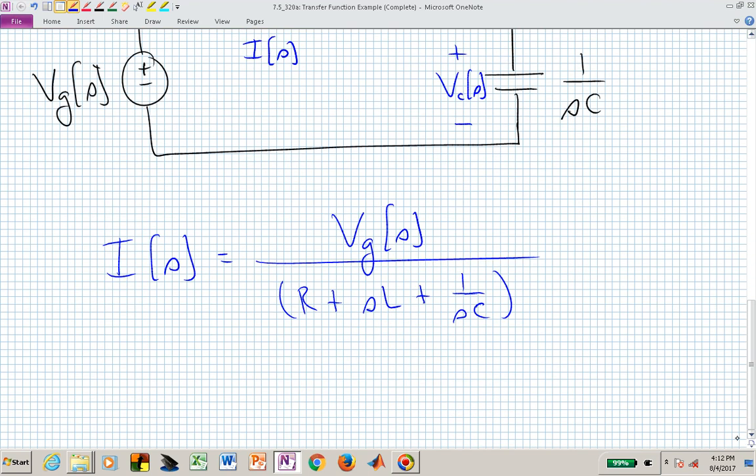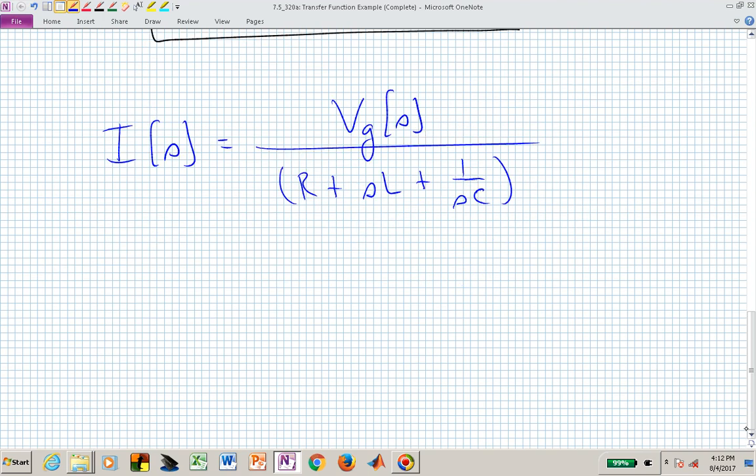That's the relationship between the applied voltage, V sub G of S, and a resulting output, which is the series current, I of S. Suppose we now want the transfer function, H sub 1 of S, defined with the output being the current in that circuit and the input being V sub G of S.